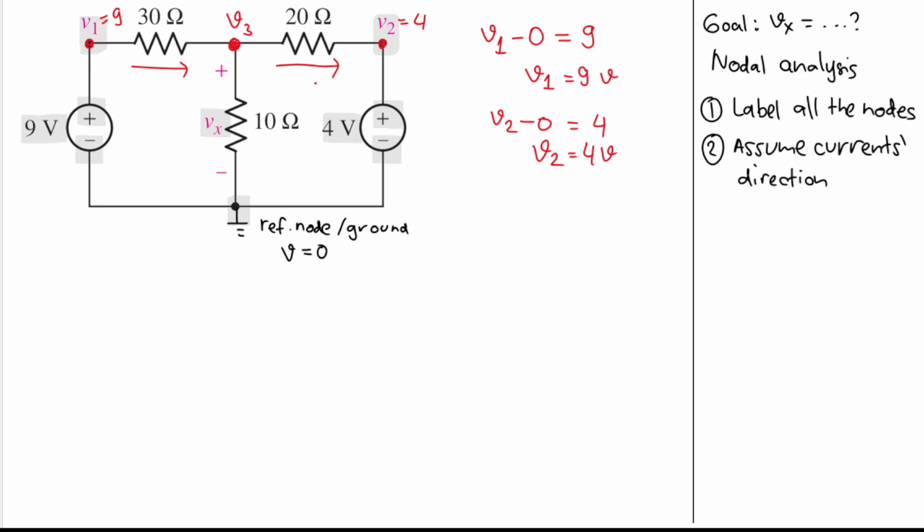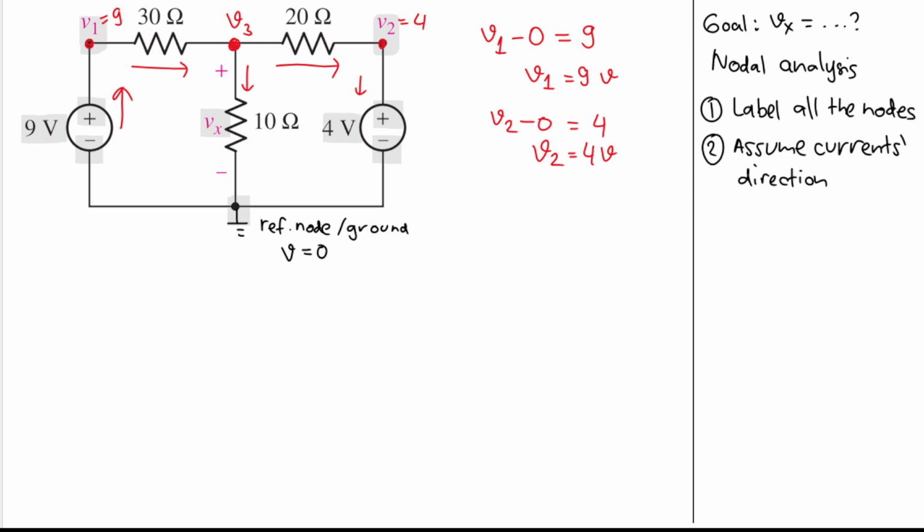But for the vertical components, I usually assume the current is going down. How about this component? Because this is in series, this naturally goes up, right? And this naturally goes down here because that will be in series. I think we have already assumed all the currents' directions in each branch.